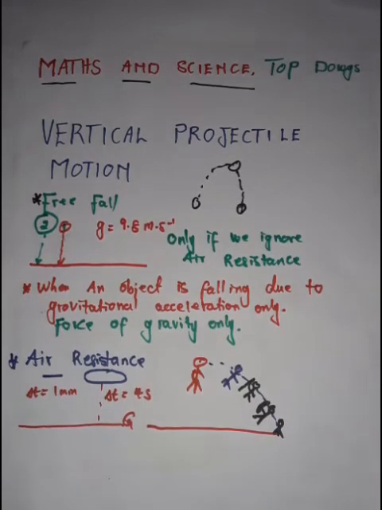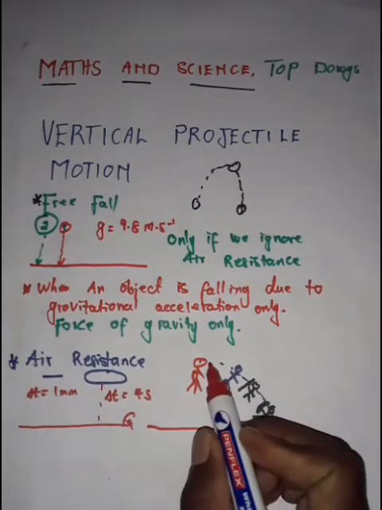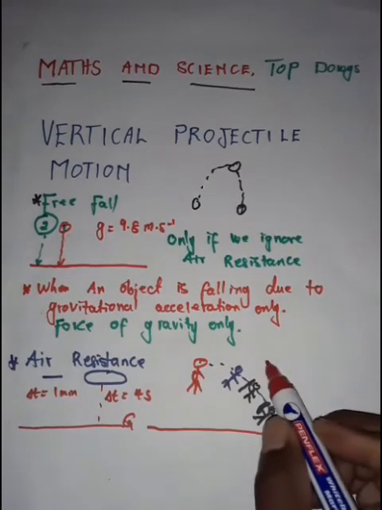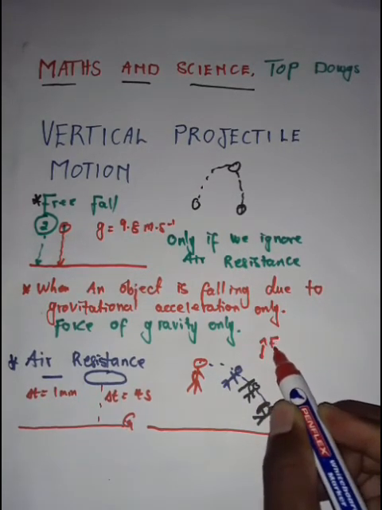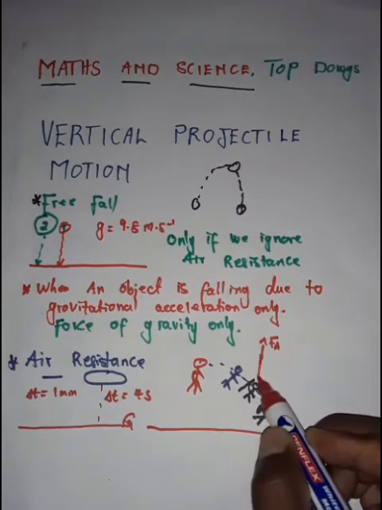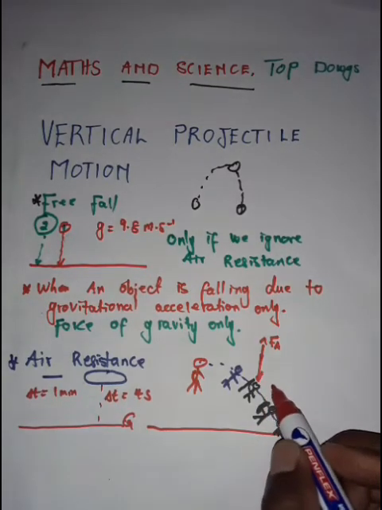So let's analyze the motion of that person. Remember that in grade 11 you learned about the free body diagram of forces, right? So when they're here, how many forces are acting on them? One force is acting on them, which is going upwards. This is the force of air resistance. And one force is going downwards, which is the force of gravity.